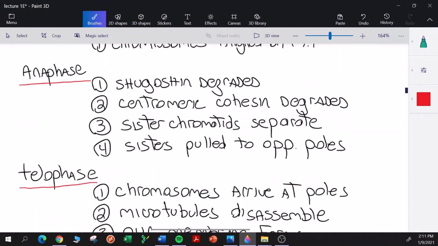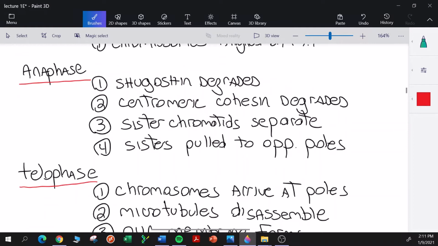During anaphase, there's a compound called shugoshin, which is degraded. That allows centromeric cohesin to be degraded. That allows the sister chromatids to separate. And the sisters are pulled to opposite poles.